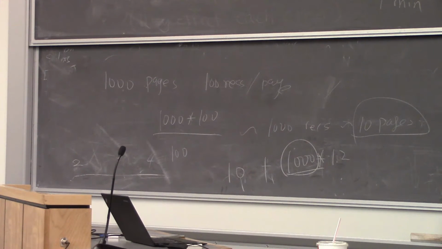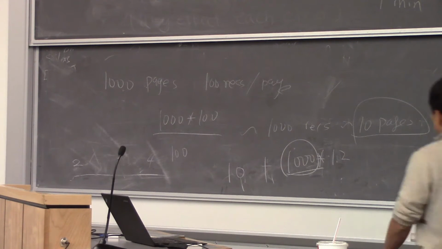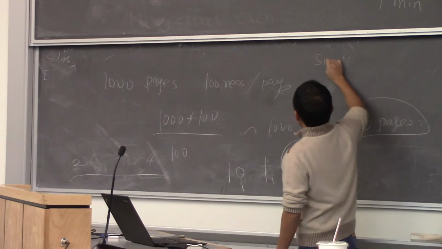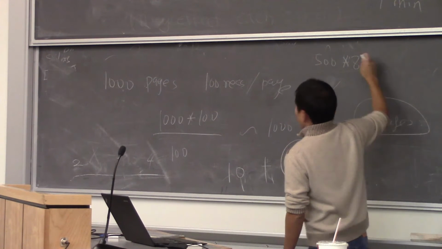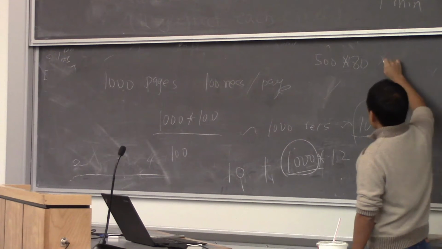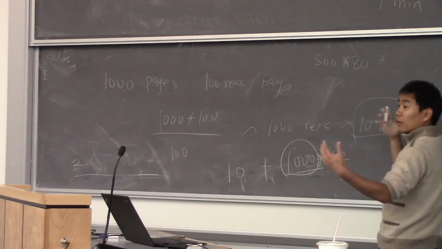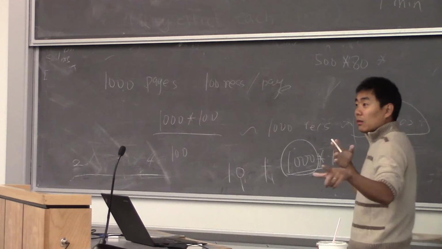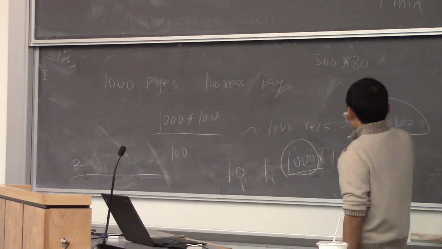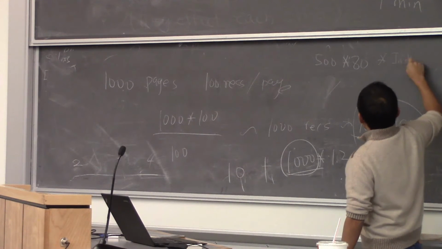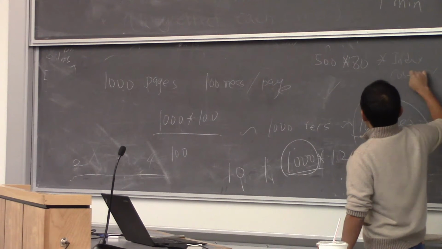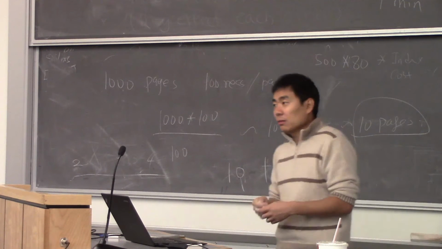You know what I'm saying? Because if you don't push down that selection, what you're looking at is 500 pages and 80 records per page. This many records, and for each of these you pay the cost of retrieving the matching reserve tuple from the reserve table. This actually is pretty expensive.